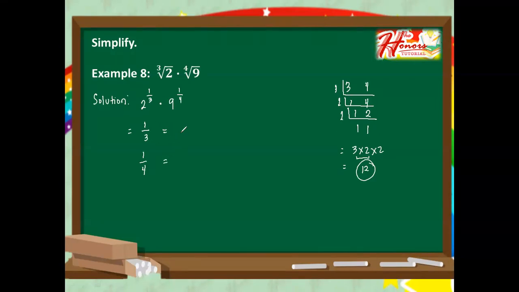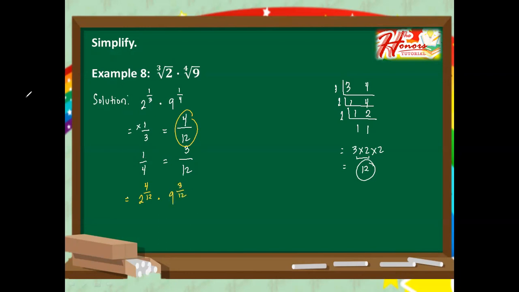So it is equal to 12 and then 12 here. So 12 divided by 3, that's 4, times 1, it's still 4. 12 divided by 4, it's 3, times 1, it's 3. So now our new equation is 2 raised to 4 over 12, this one, times 9 raised to 3 over 12.